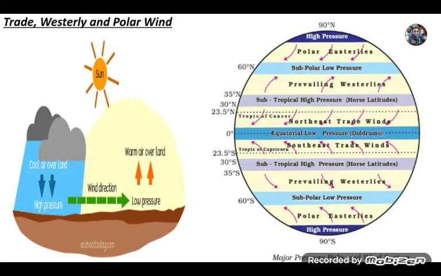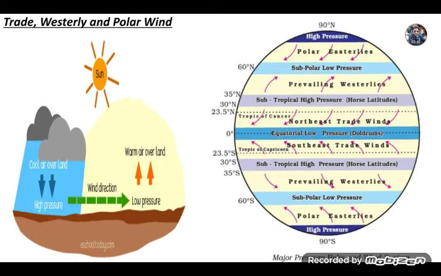Next, let's talk about trade wind, westerly wind and polar wind, because it is the trade wind which influences the monsoon of our country. But first of all, let's see the differential heating of land and water. We know that during the daytime, land heats up more quickly than the sea.